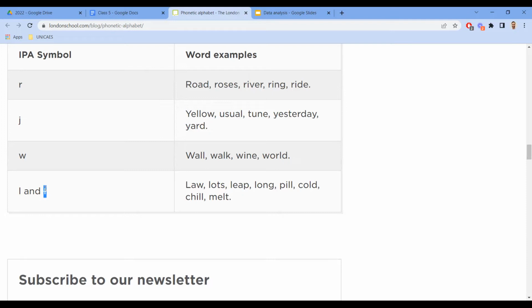Cold. So if you pay attention how the sound is pronounced is different from when you have the sound at the beginning. So when it is at the beginning is the normal L, and when it goes in the middle or at the end, the way you roll the L is different. That's why it is written with another symbol.